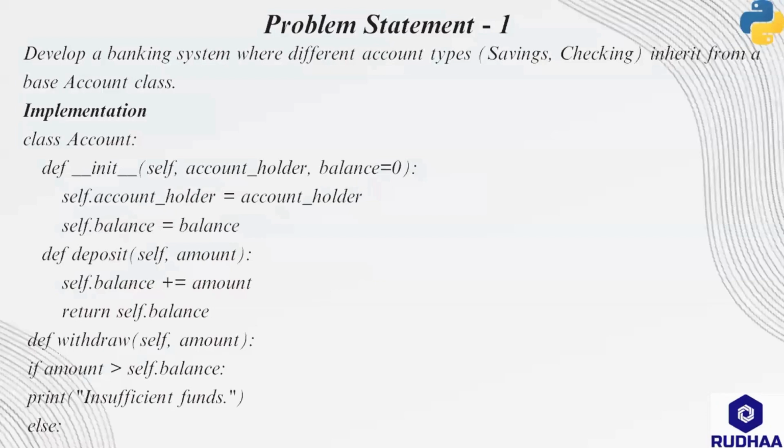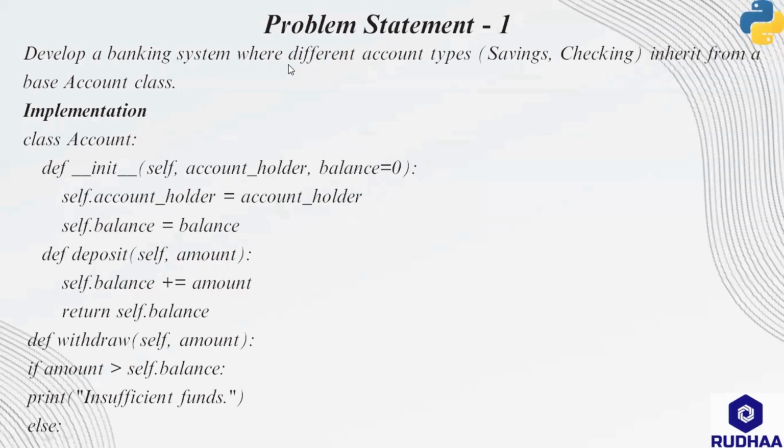For that, I have taken two problem statements. The first is to develop a banking system where different account types like savings or checking account inherit from a base account class. So here we can understand the full concept of inheritance.